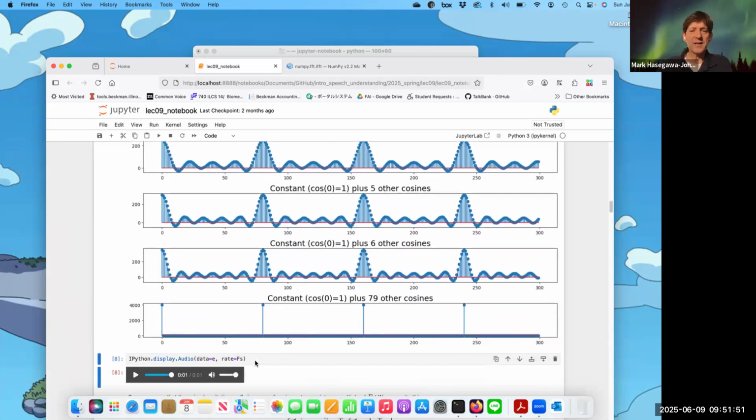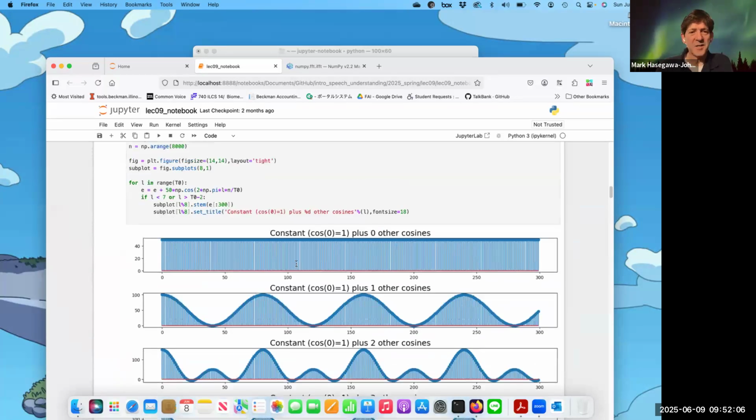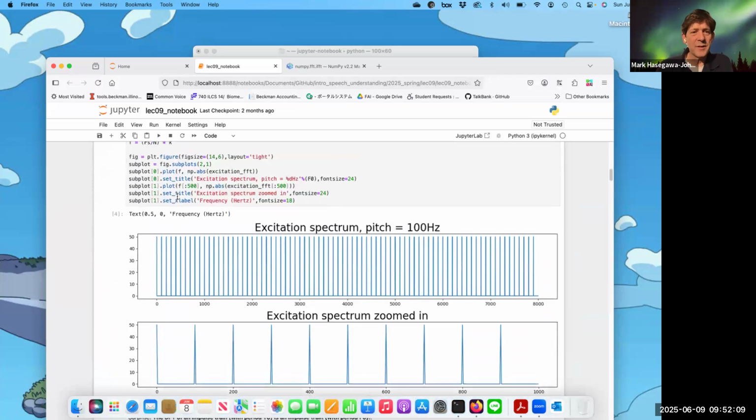In fact, let me do exactly that. Let me change that and say new excitation is equal to the real part of the IFFT of the excitation spectrum. What was the excitation spectrum called?